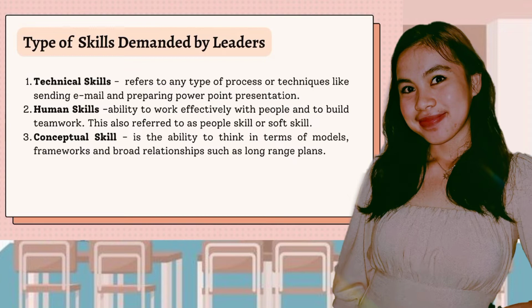Our last skill is the conceptual skill. It is the ability to think in terms of models, frameworks, and broad relationships, such as long-range plans. As a teacher or future educator, it is important that we have the ability to view the organization as a whole, understand how the various parts are interdependent, and assess how the organization relates to its external environment.